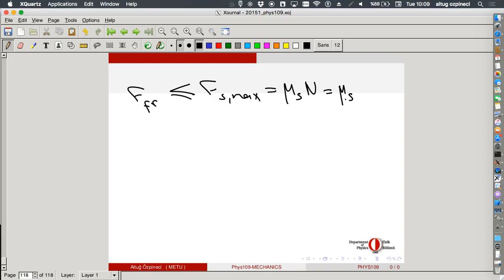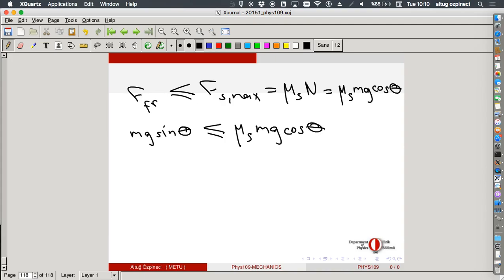We had already determined the normal force to be mg times cosine theta. So the friction force should be less than mu s mg cosine theta. If this is satisfied, the acceleration will be 0. Now the friction force we have determined to be mg sine theta. This should be less than or equal to mu s mg cosine theta.